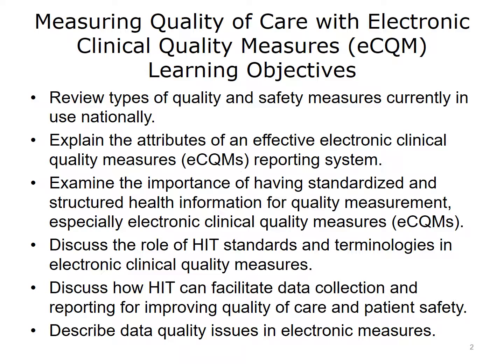Examine the importance of having standardized and structured health information for quality measurement, especially electronic clinical quality measures, eCQMs. 4. Discuss the role of HIT standards and terminologies in electronic clinical quality measures. 5. Discuss how HIT can facilitate data collection and reporting for improving quality of care and patient safety. 6. Describe data quality issues in electronic measures.